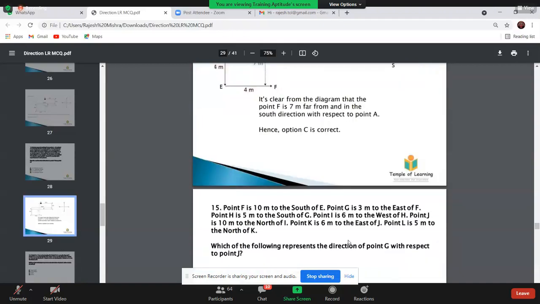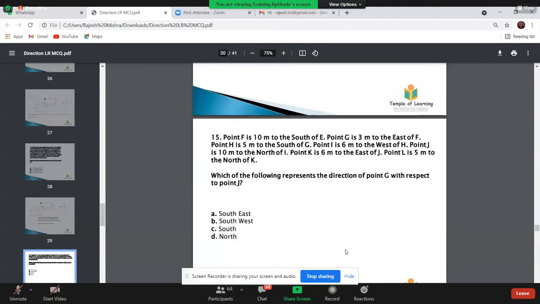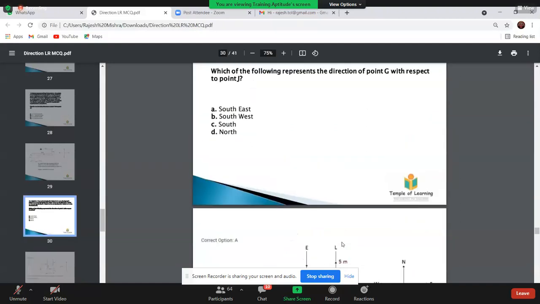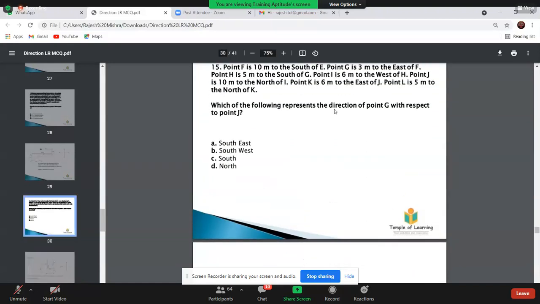So it will be southeast. Okay, southeast, great. A few of you have got it. What was the question? Which of the following represents the direction of point G with respect to J?